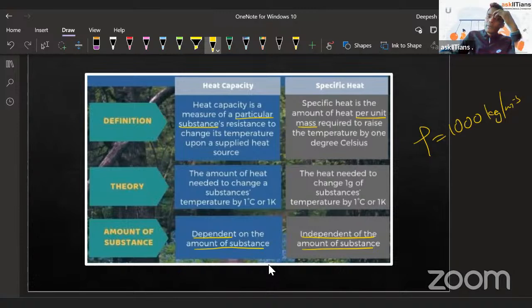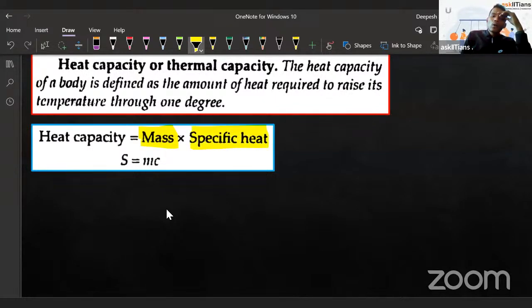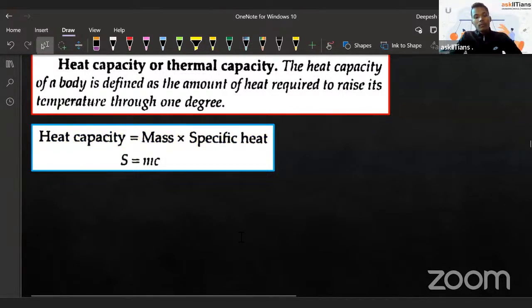Same thing goes for specific heat. We specify specific heat for a certain material, not for the amount, whereas heat capacity is defined for a certain amount of the body. If you multiply the mass of the body with the specific heat of the body, you will get the heat capacity of the body. That's it. Very important.